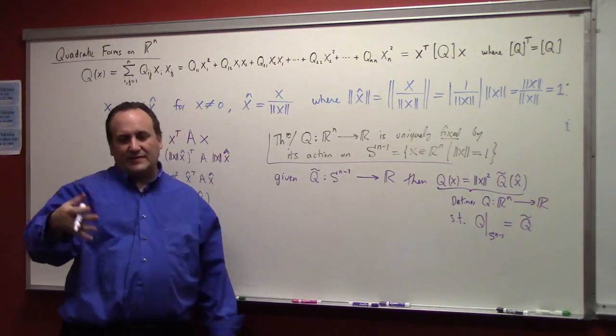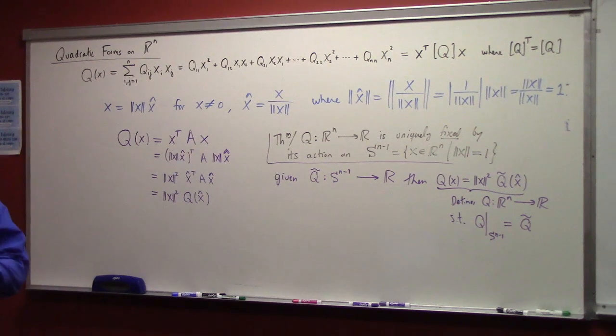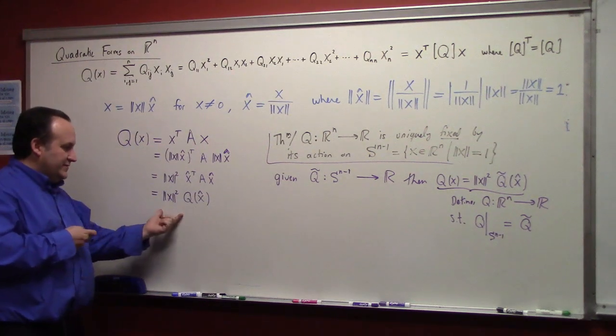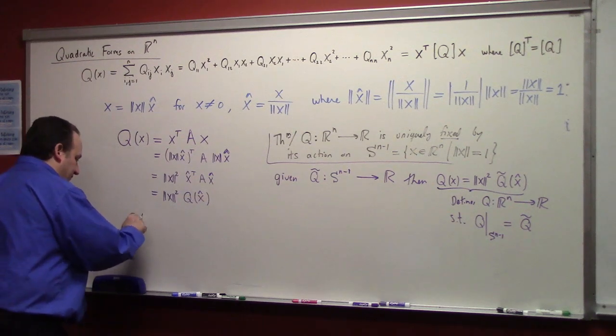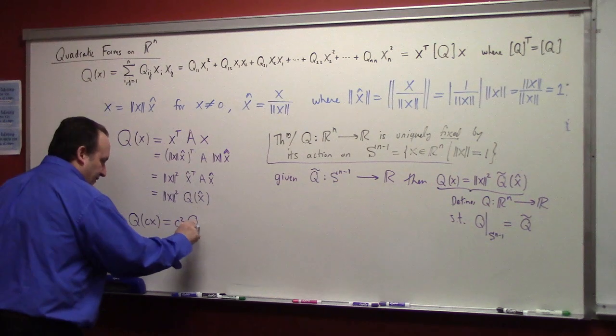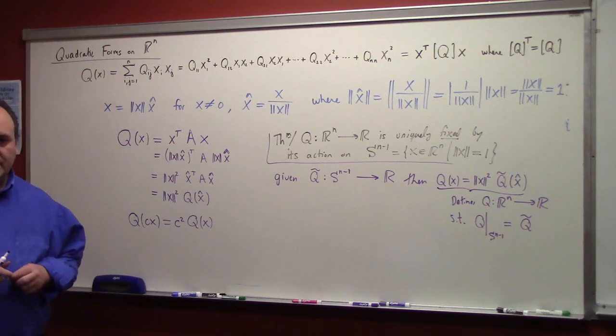This is kind of like that linear extension theorem I talked about earlier, except it's not a linear extension, because this thing is not linear. It's apparently homogeneous of degree 2. If you've got Q of Cx, you're going to get C squared Q of x. So that's not the mark of a linear map.